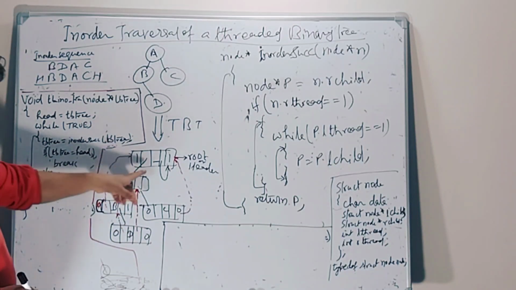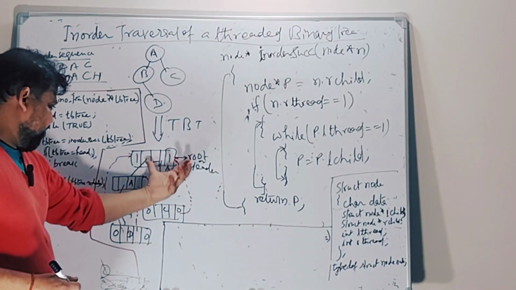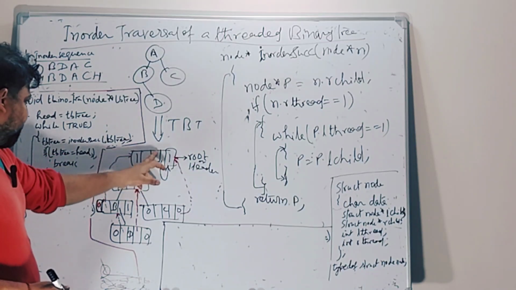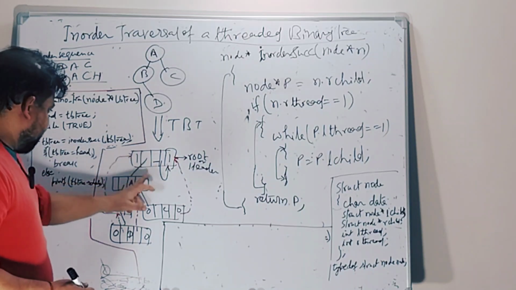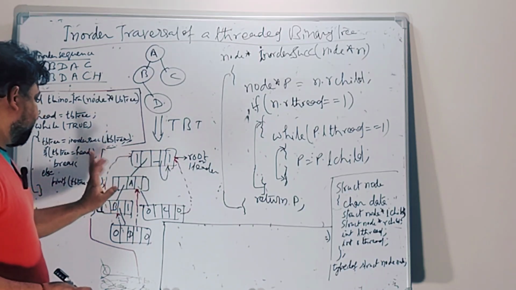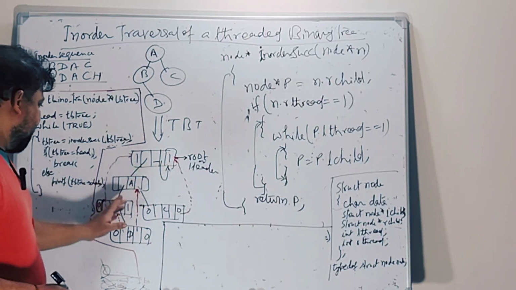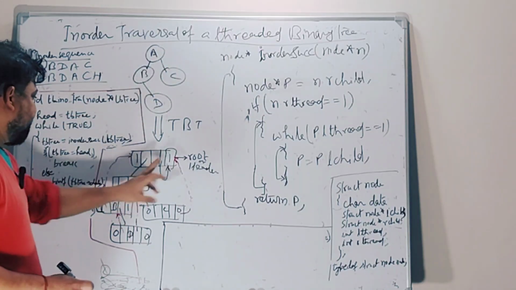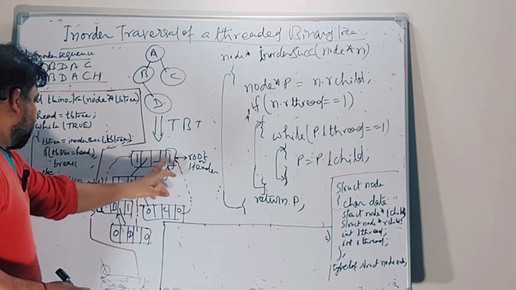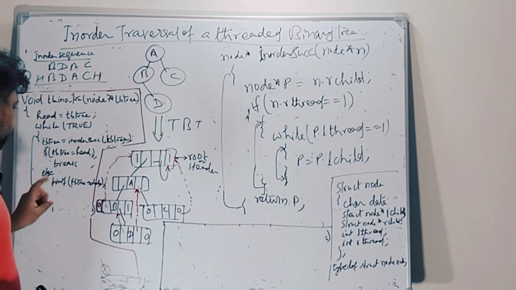You can see the in order sequence of this tree is B, D, A, C. If I try to traverse this threaded binary tree in an in order manner, what will happen if I represent the root as H? Although it will not have any data, this root node's data field will be blank, but both children fields will be representing either this tree or itself, and correspondingly the L thread and R thread values are 1.